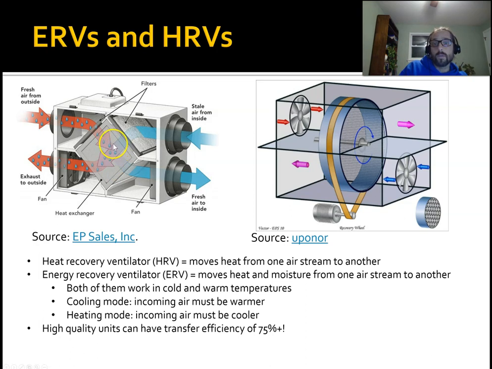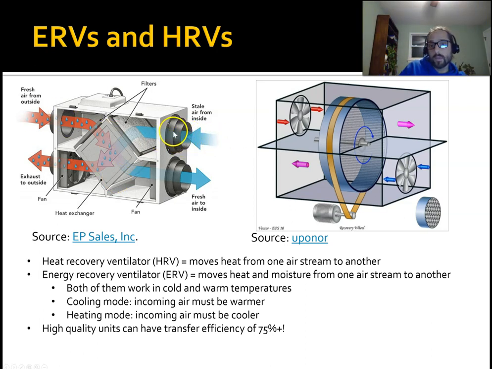But with an ERV, the cool airstream goes through a heat exchanger. There are a couple of different ways to do this, but basically it goes through a heat exchanger. It's like these fins, it's metal that touches, so the air itself doesn't touch, just the metal does. So you have cool air that's being exhausted, but we want to keep that air cool, so we'd rather bring in cool air instead of this hot air.